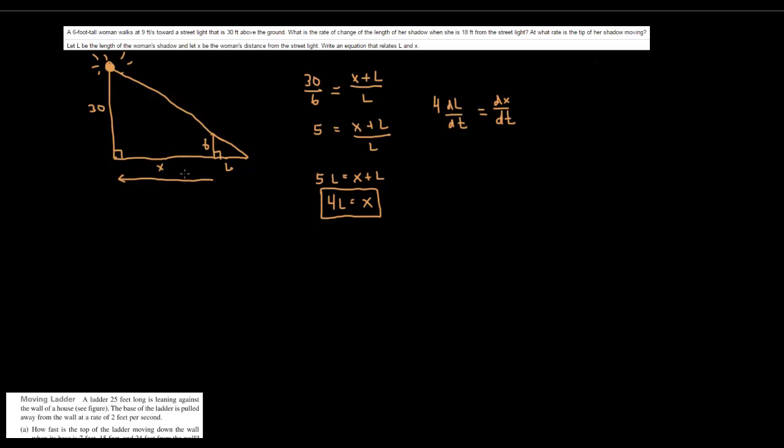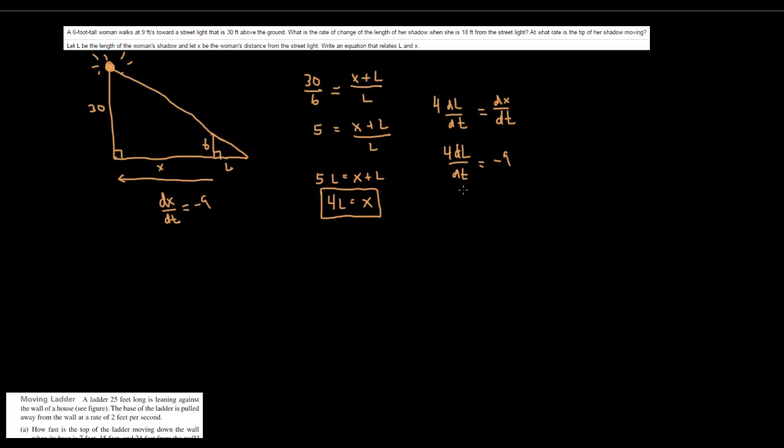Okay, I think it's the dx/dt, because x is the distance between her and the street light. So that tells us that dx/dt equals, now, okay, it's toward the street light, so -9, going toward the origin. Okay, -9. So now if we plug that in over here, we have 4 dl/dt equals -9.